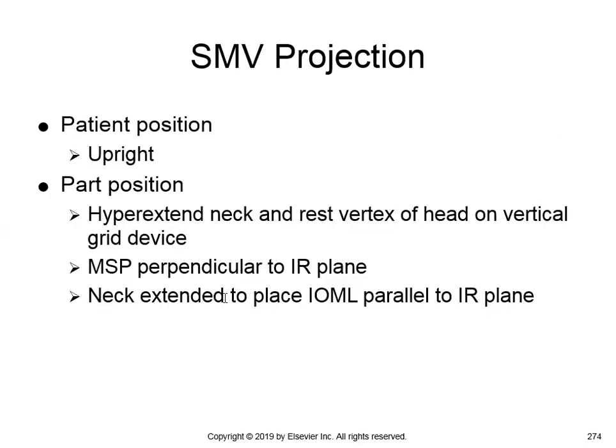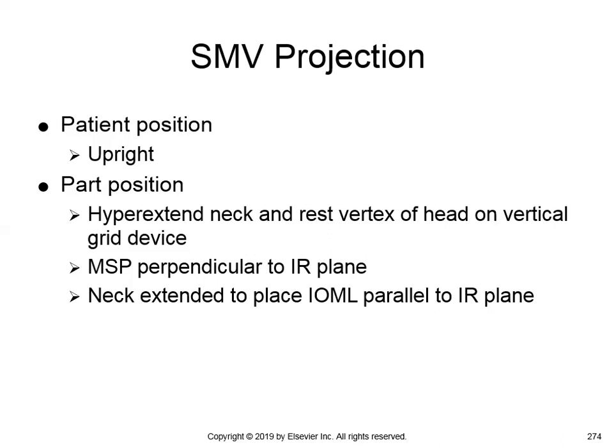So extend the neck until you put the IOML parallel to the image receptor. And I'm going to go off script here and say that if the patient cannot extend this far, as you're going to have to do this upright in order to see sinuses, go ahead and angle your central ray perpendicular to the IOML.